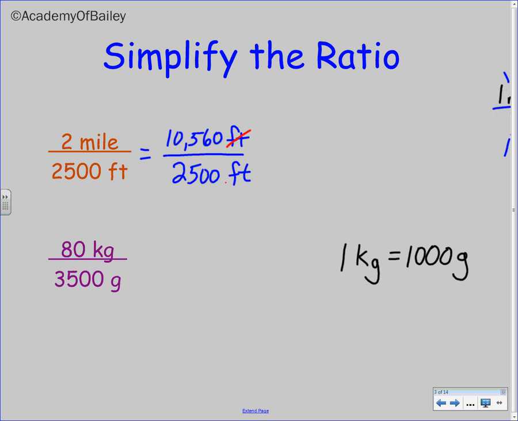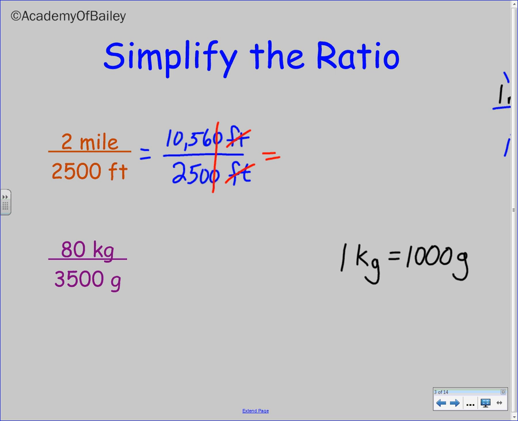I know we can cancel feet and feet. And I know right now, since I have 0 on the right for both of them, I'm going to go ahead and cross those zeros off. That would be just like dividing both sides by 10. And where do we go from here? I'm not sure which numbers actually go into 1056 and 250.